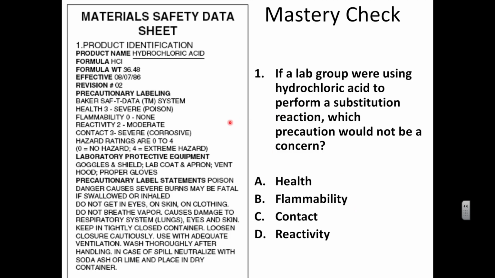So, if a lab group were using hydrochloric acid to perform a substitution reaction, which precaution would not be a concern? Here's hydrochloric acid's material safety data sheet. I'll give you a second to think about it.